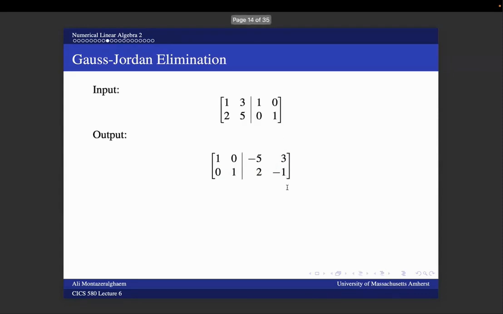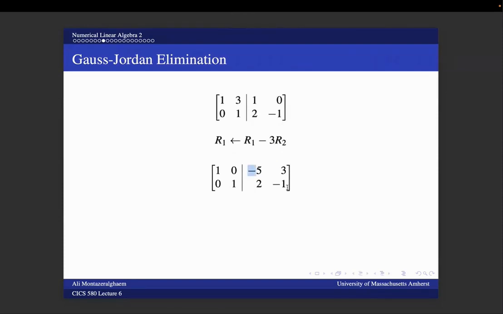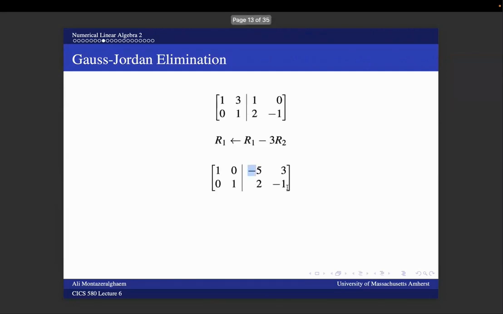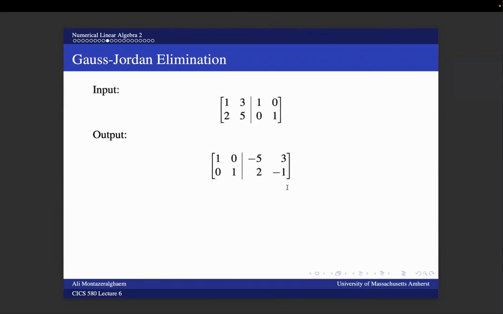So here in this algorithm, I just showed how we can compute the inverse of a 2 by 2 matrix with the Gauss-Jordan elimination algorithm. In this algorithm, the input is the original matrix concatenated with an identity matrix.